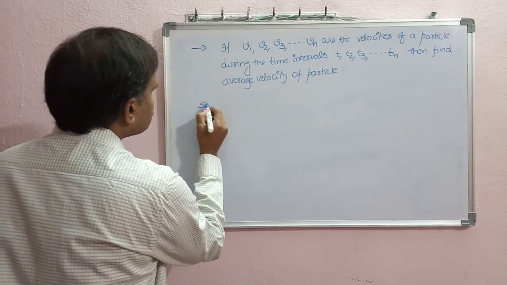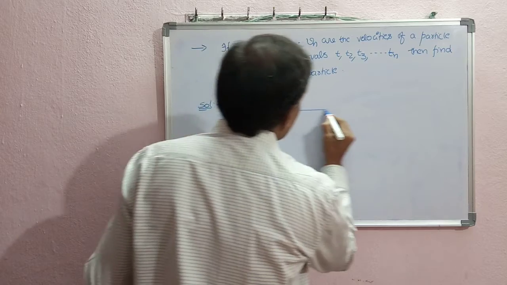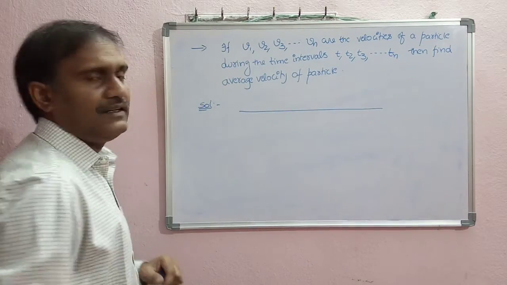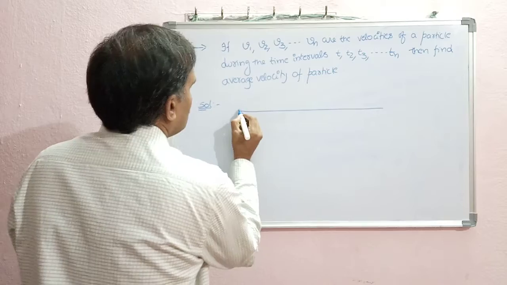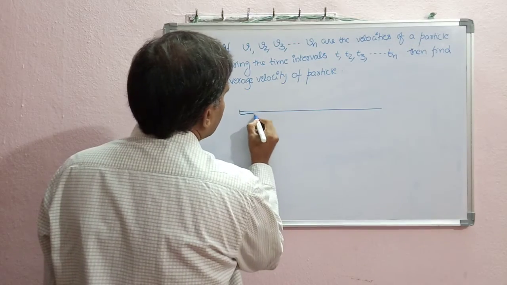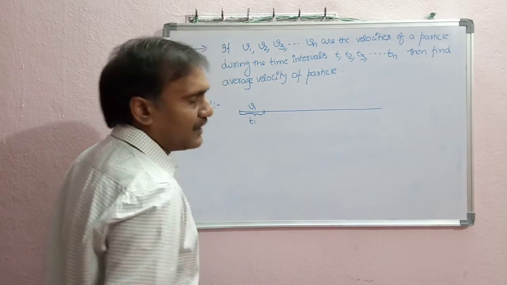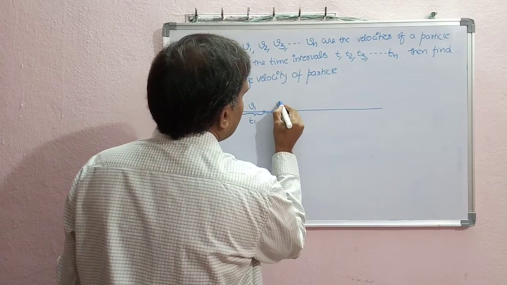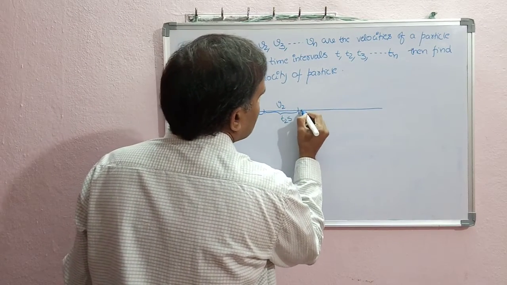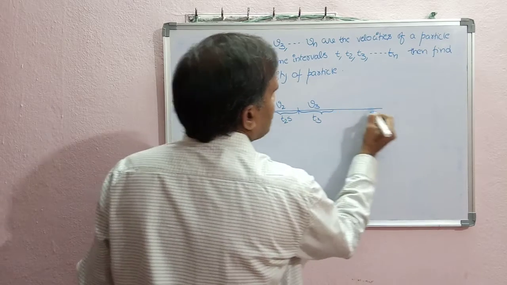Now, here a particle is moving along the same straight line. During the time interval t1 seconds, its velocity is v1. During the time interval t2 seconds, its velocity is v2. During the time interval t3 seconds, its velocity is v3.